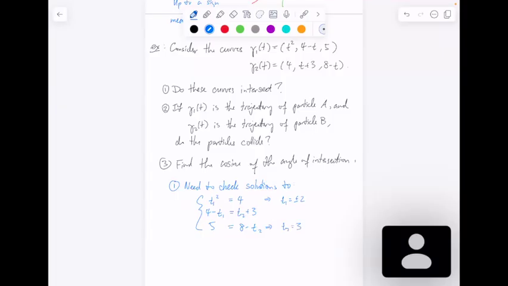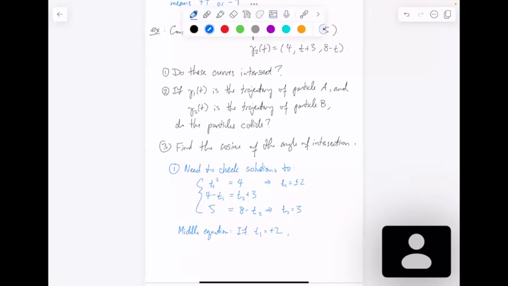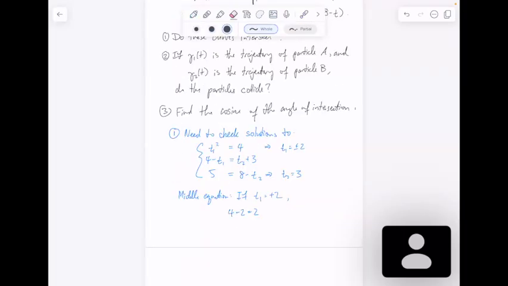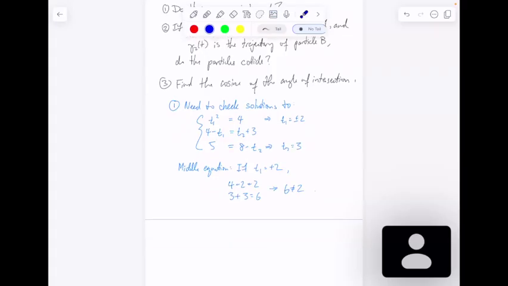So the middle equation: if t1 is equal to plus 2, we have two options for what t1 has to be here. If it's equal to plus 2, then 4 minus 2 is equal to 2. And at t2 equals 3, this is 6. 3 plus 3 is equal to 6, and 6 is not equal to 2. So that's bad. That means that at t1 equal to 2 and t2 equal to 3, we can't solve this. So there's no intersection point corresponding to x equals 4, y equals 2 and z equal to 5.